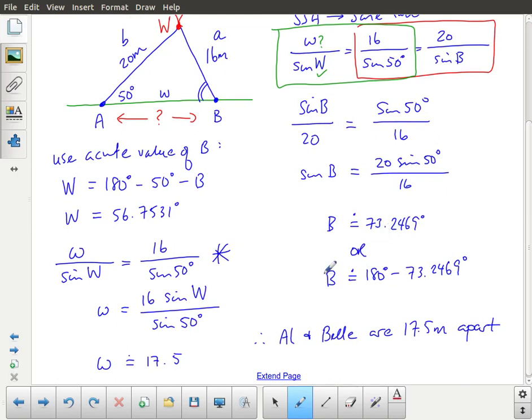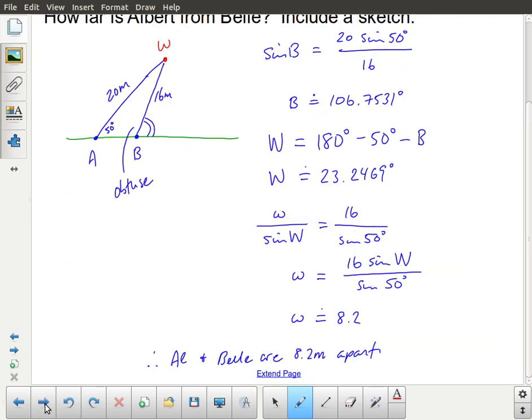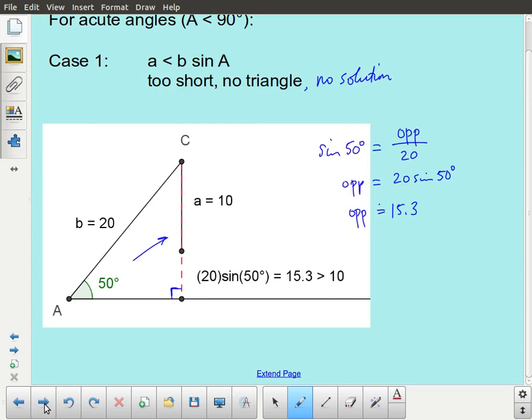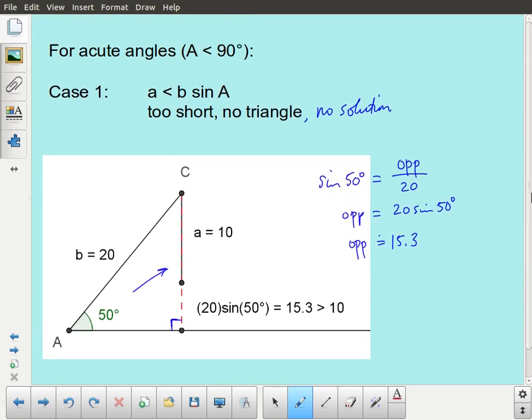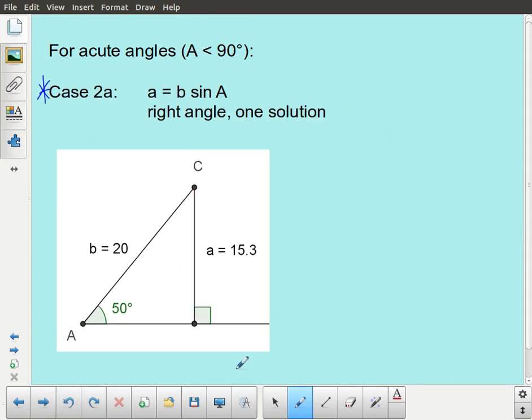You then split off your answers and pursue each one individually. But there's another type of question where you can be asked, under what conditions will I get no solution, one solution, two solutions? This is just like when you were looking at the quadratic formula and wondering about no solution, one solution, two solutions.